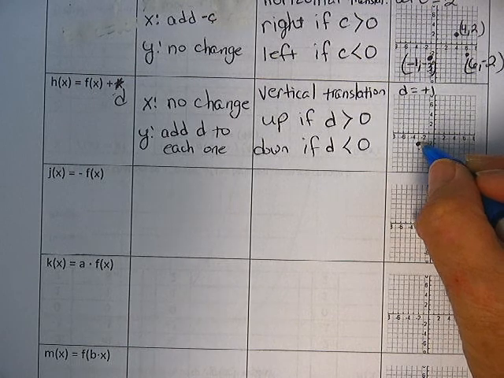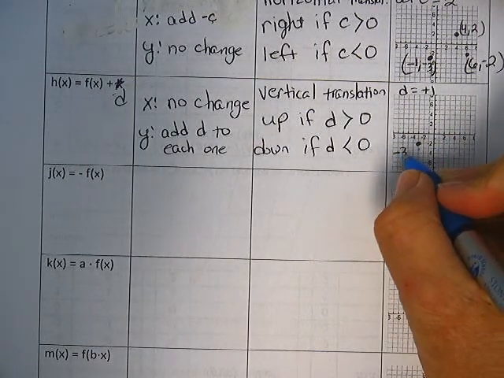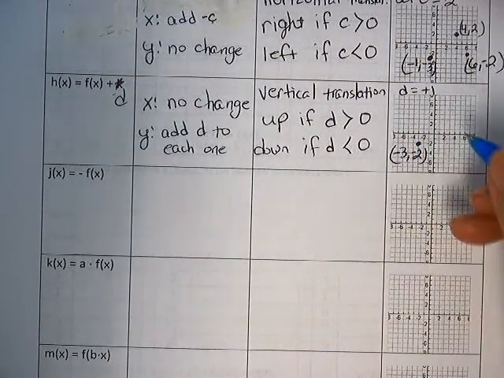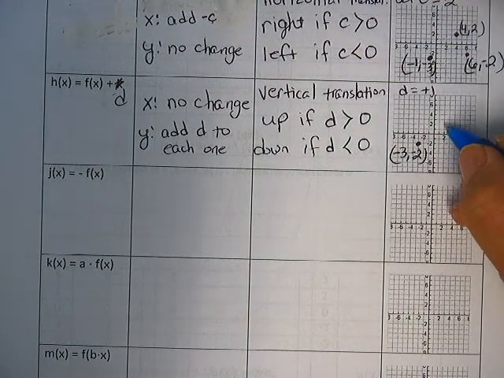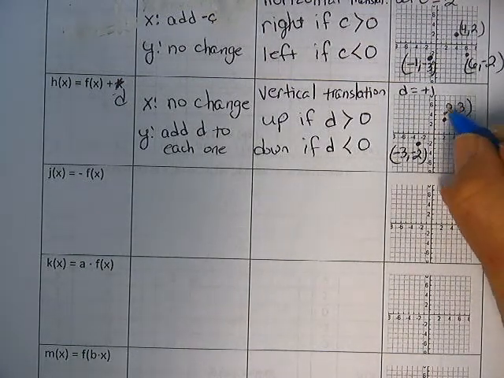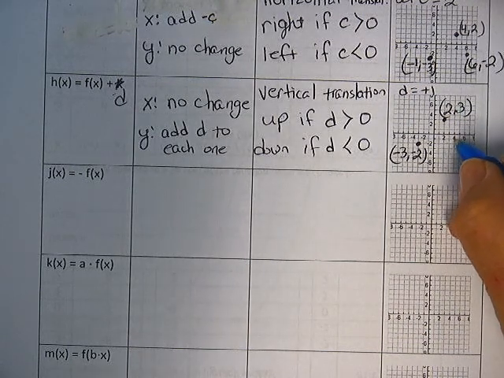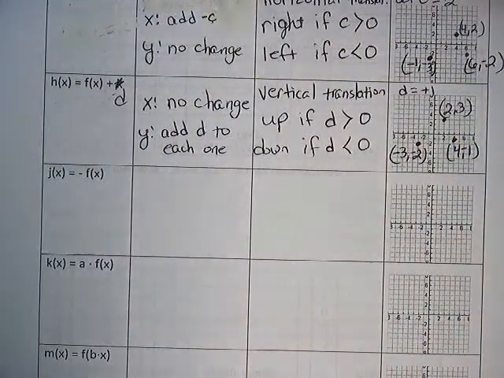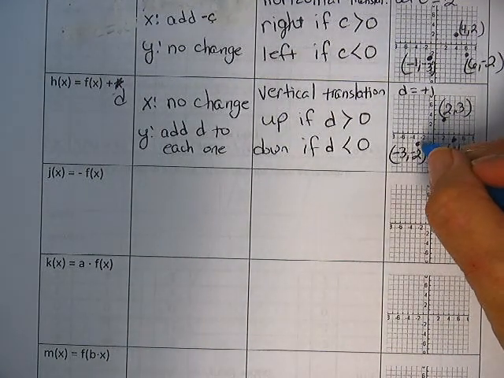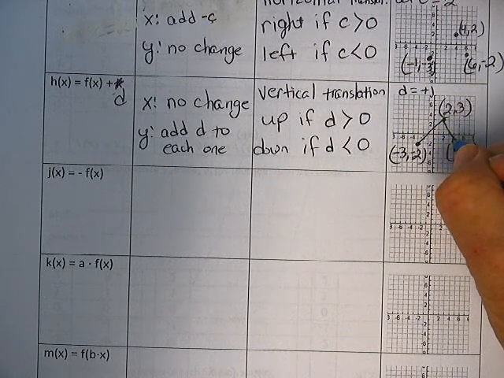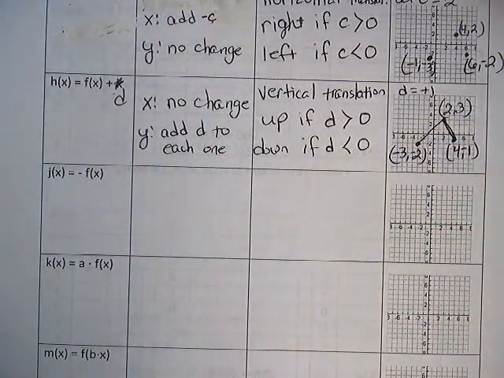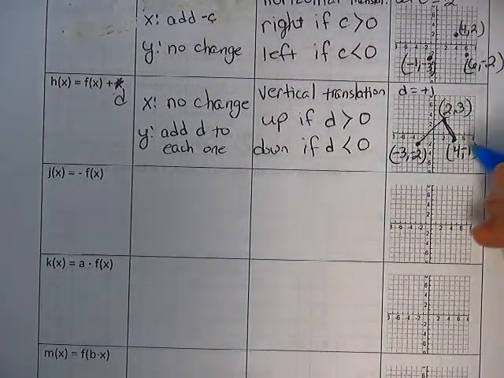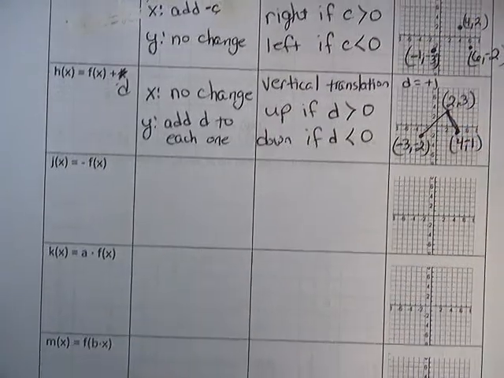So -3 plus 1 gives us -2. Our point that was at (2, 2) moves up to (2, 3). And our point that was at (4, -2) moves to (4, -1). And we would connect these points. So it still has the exact same shape, it has just been shifted upward slightly.